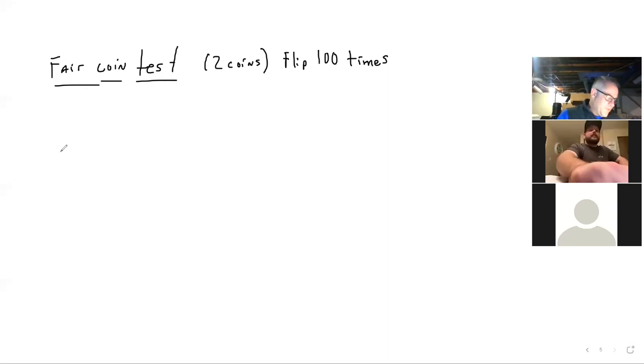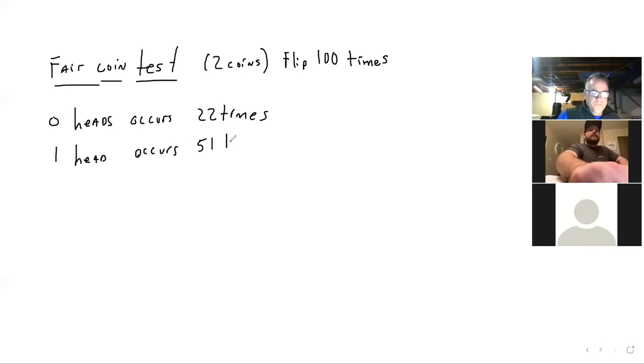Let's say I came up with, at 100 times, 0 heads occurred 22 times. 1 head, flipping 2 coins, occurs 51 times. And 2 heads occurs 27 times.